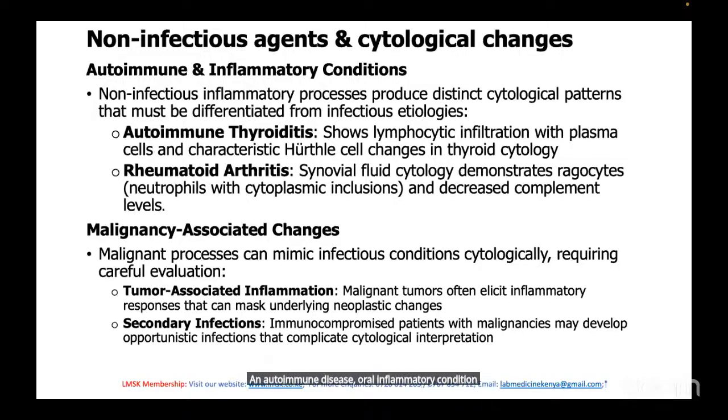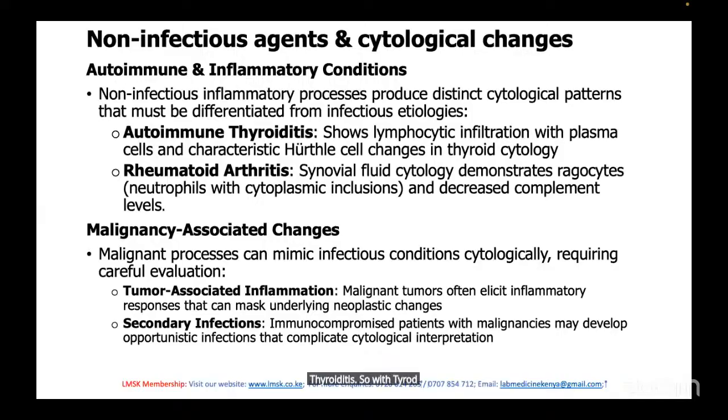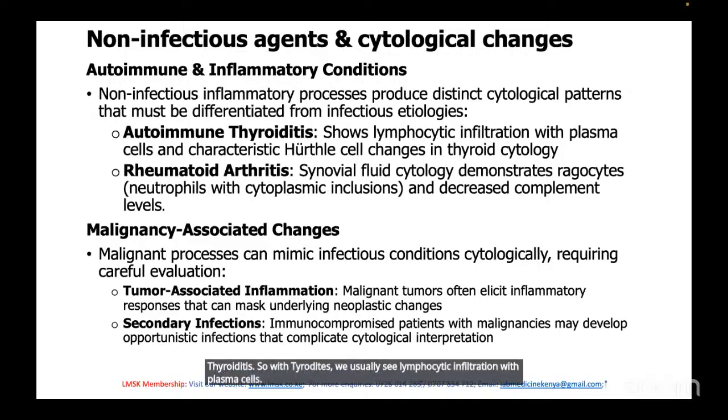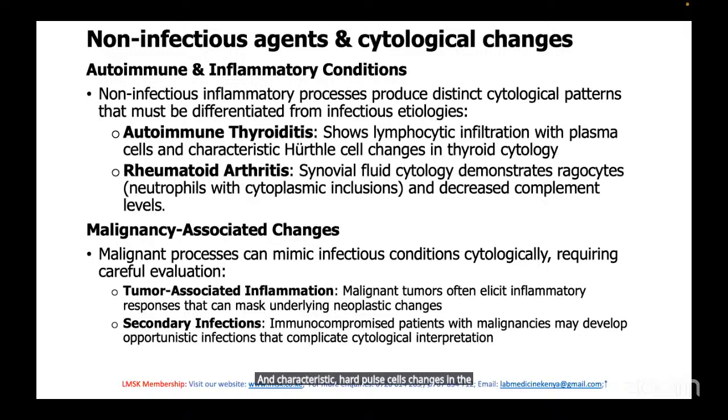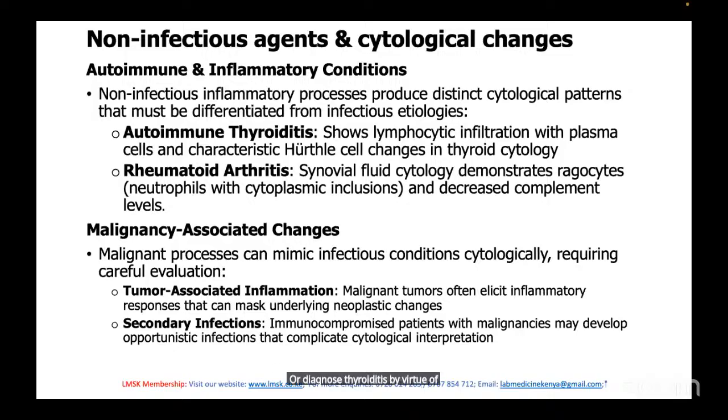An autoimmune disease, for example, is thyroiditis. With thyroiditis, we usually see lymphocytic infiltration with plasma cells and characteristic Hürthle cell changes in the thyroid cytology. So when an FNA of the thyroid is done, a cytologist or cytopathologist will be able to diagnose thyroiditis by virtue of the characteristic Hürthle cells in the background and the lymphocytic infiltration. Then a patient is given a diagnosis of thyroiditis.